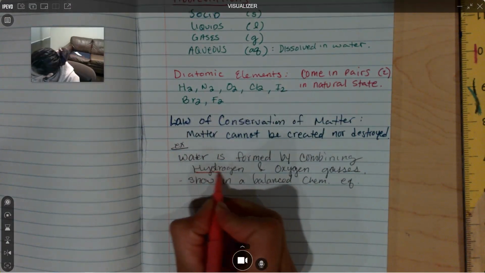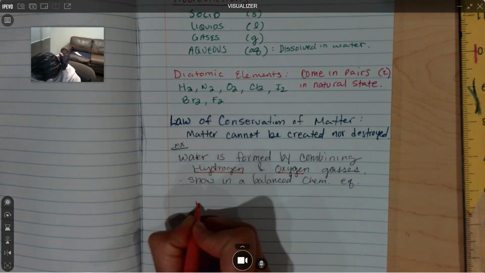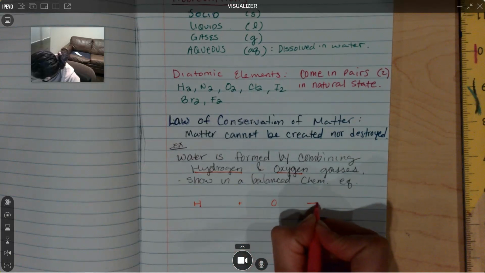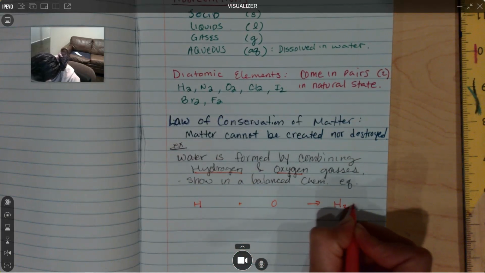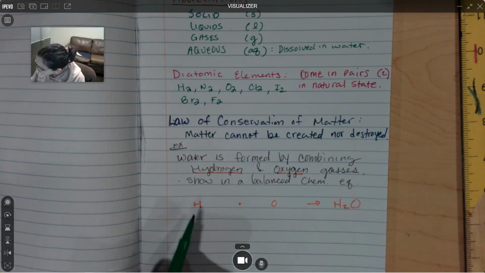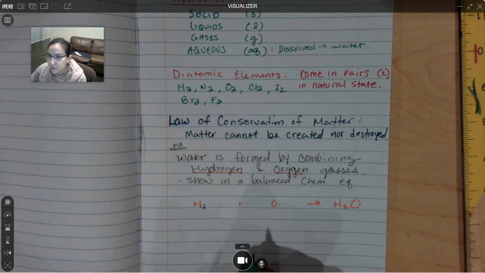All right, so first things first, it says hydrogen and oxygen combined together. So I'm going to have hydrogen plus oxygen, and this combines together to form water, H2O. Now let's use some of the items we just learned. We know that hydrogen is diatomic, so it comes in twos.